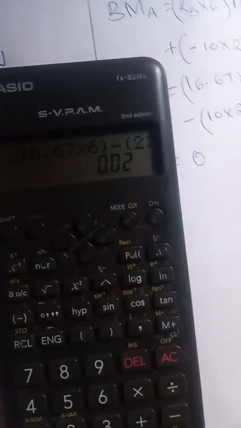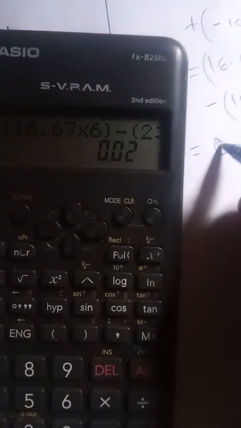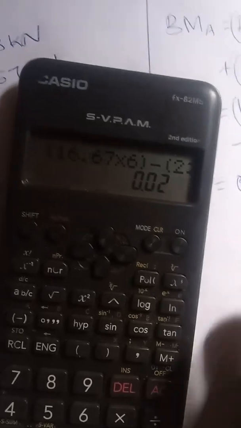It should be 0 kilonewton meter, because the calculator shows just a small error of 0.02.